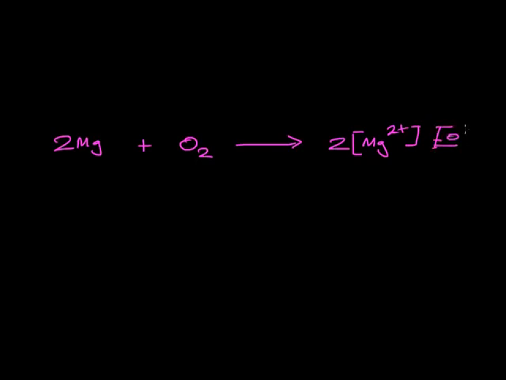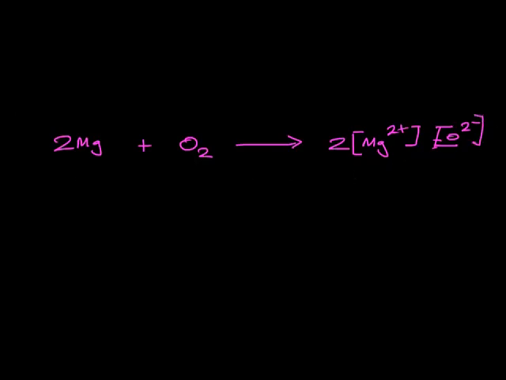So suppose we had 2Mg + O2, turning into 2(Mg2+) and (O2-). What can you actually tell here?